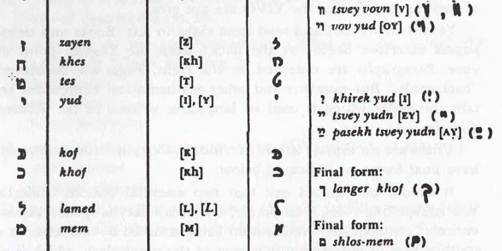Tess starts right in the center of the letter, and it goes up and to the left and then down and to the right slightly. And Mem doesn't start in the center of the letter. It starts at the top third. It goes up just a little bit to the left and then down and to the right.